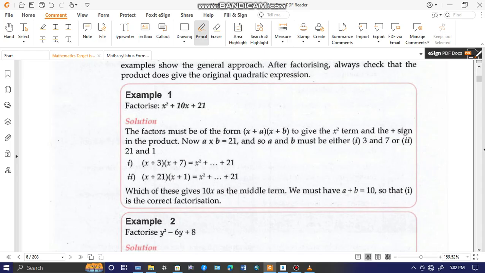Now a times b will be equal to 21 and a plus b will be 10. The process of factorization of this expression will go like this.